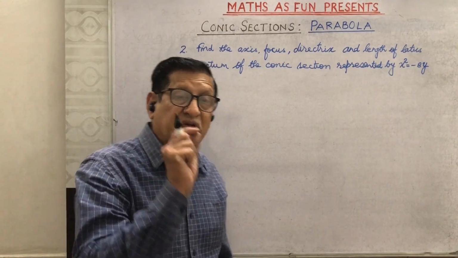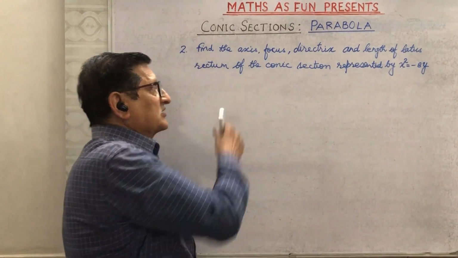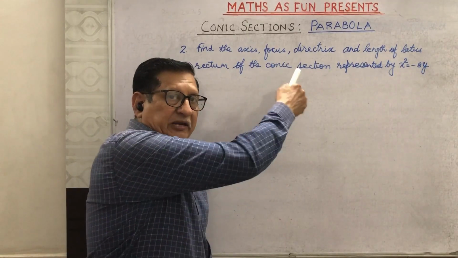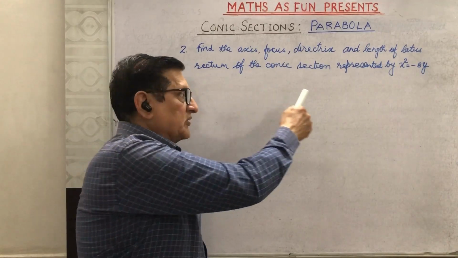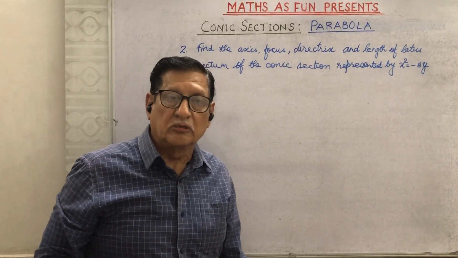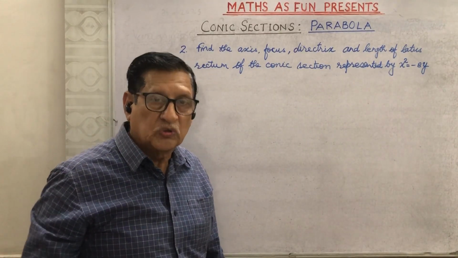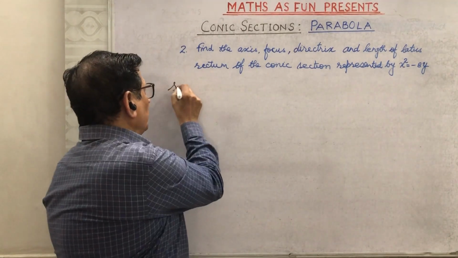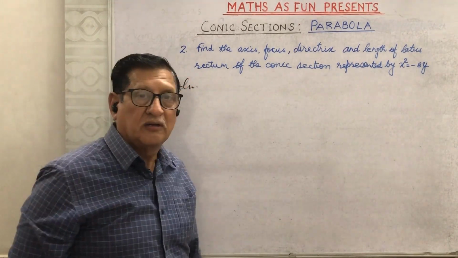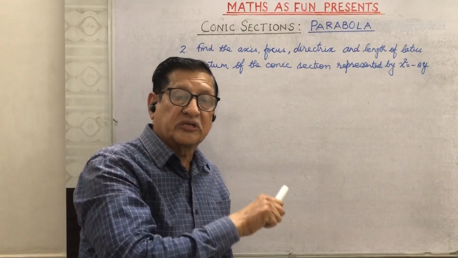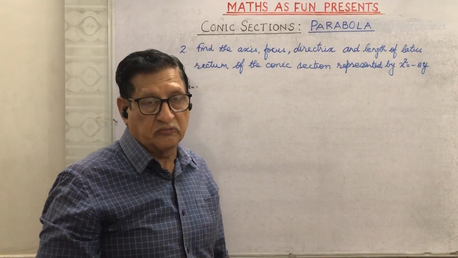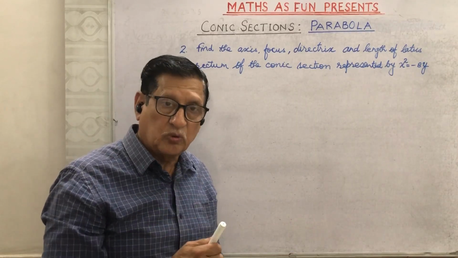The next problem we have to discuss is find the axis, focus, directrix and the latus rectum of the conic section represented by x square is equal to minus 8y. To find the solution of such problem, we have to compare the equation of the given conic section with the standard equations of the conic sections which we know.